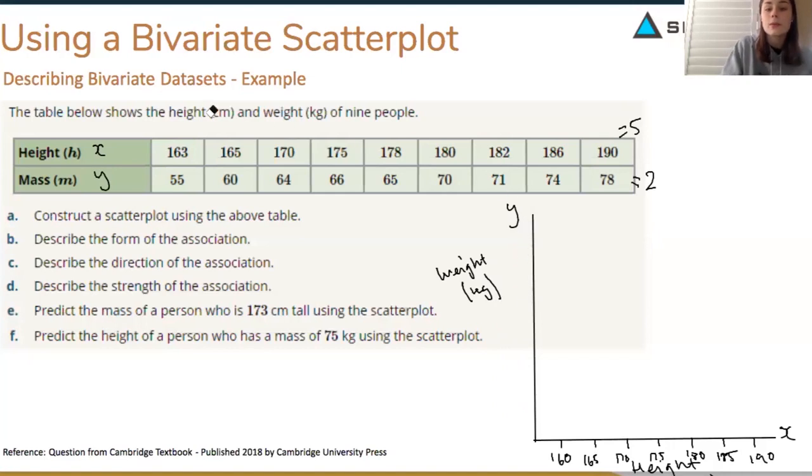It might take a little bit of trial and error to see which scale works the best. So 54, 56, 58, 60, 62, 64, 66, 68, 70, 72, 74, 76, 78, 80. Let's just do that.